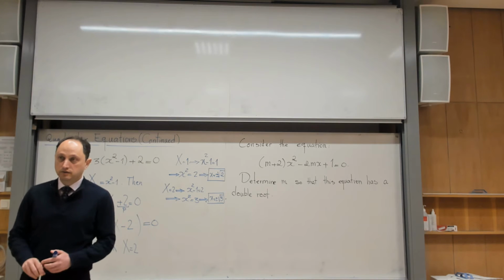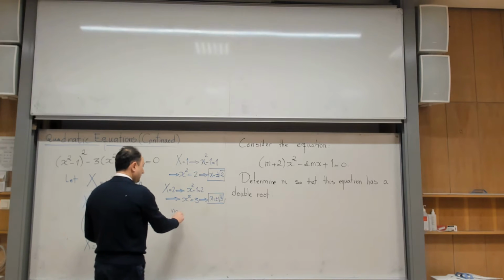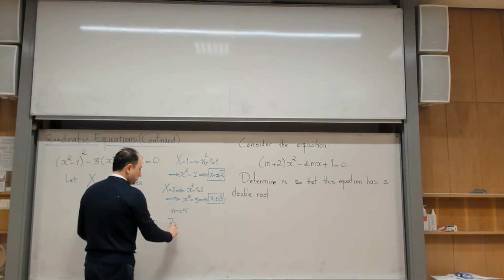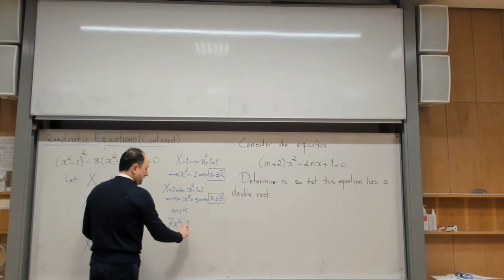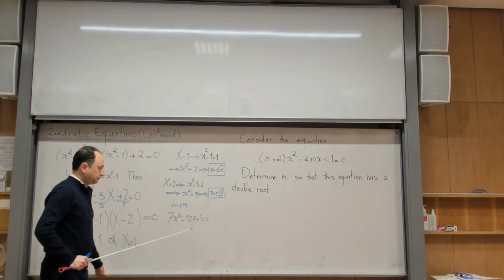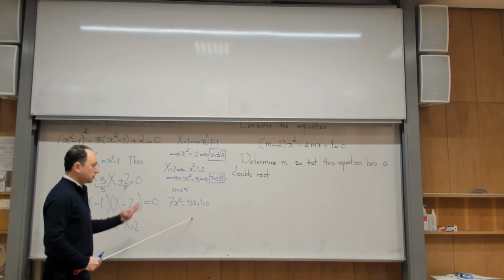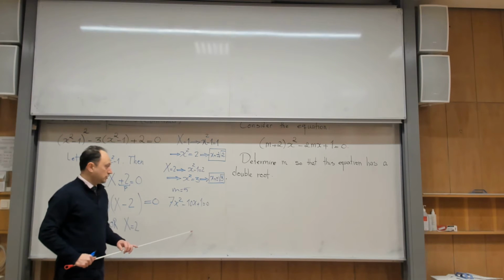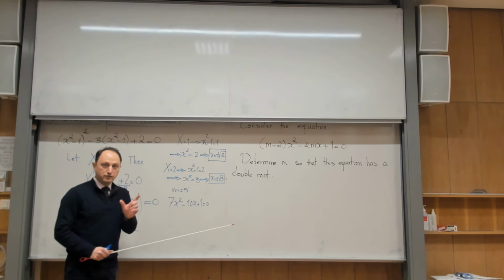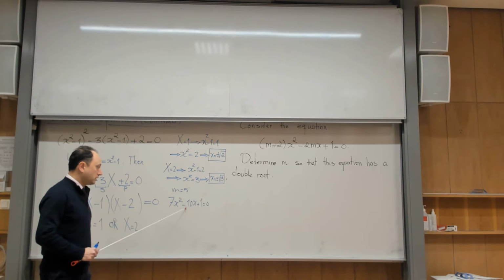So, for example, if I choose randomly m equals 5 and put it in that equation, it becomes 7x squared minus 10x plus 1. If you start solving this equation, you will realize that there are two answers. But I want a double root. To have a double root, it means I have to have two answers the same. So m equals 5 is not one of them.